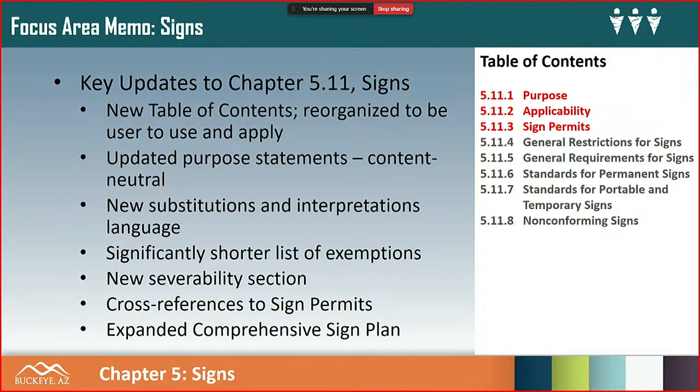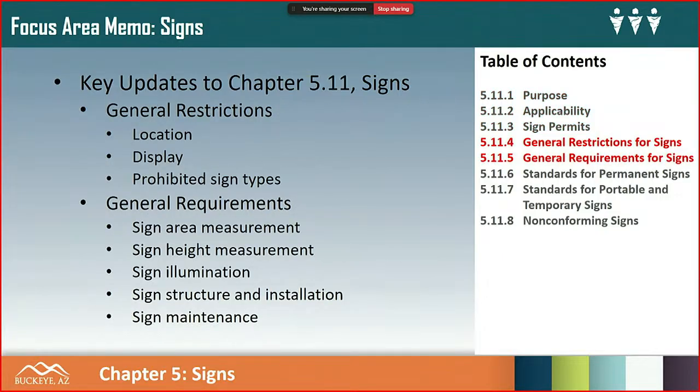For example, if a developer wants to propose or a business owner wants to propose slightly different standards or a different sign type than the code currently will provide, with a comprehensive sign plan, there'll be the ability to allow for that additional sign. Let's go to the next slide, please.